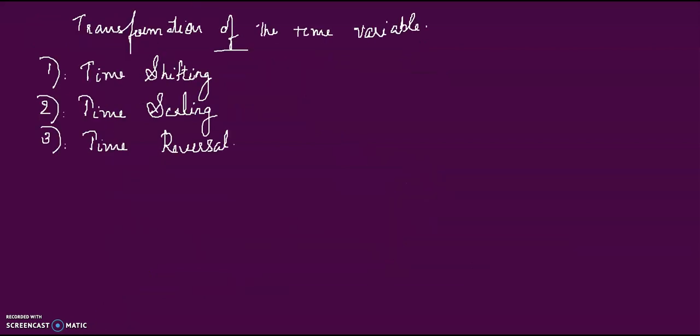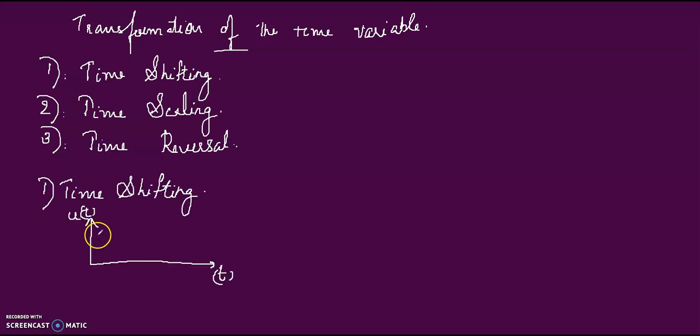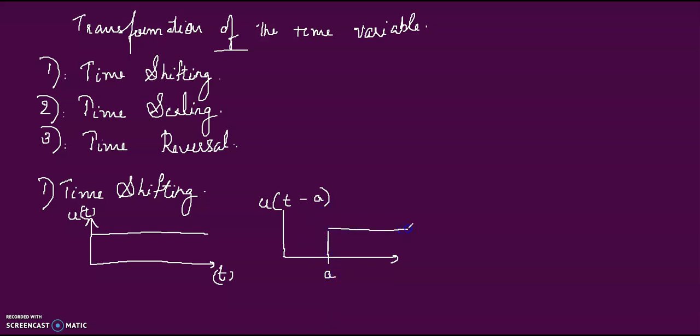Before moving on to the Laplace transform basics, we should know some more basics on the transformation of the time variables of the signals. There are three types of transformations: time shifting, time scaling, and time reversal. We shall see each in detail. If we have a signal u of t, we can draw the shifted signal u of t minus a like this, that is, the time is delayed by a units, that is, we have shifted this signal towards the right.